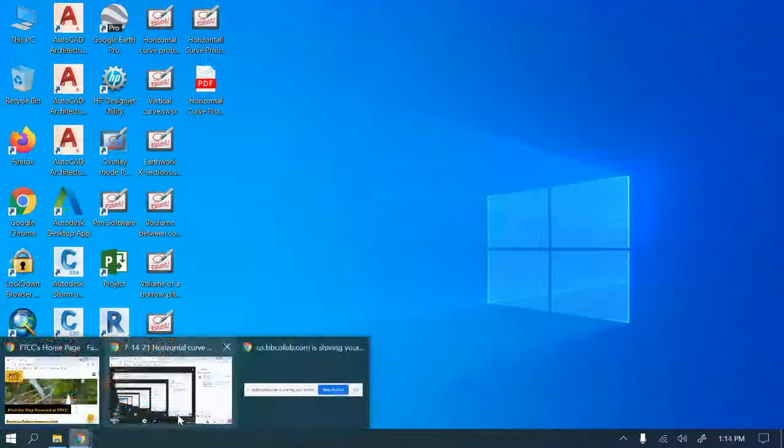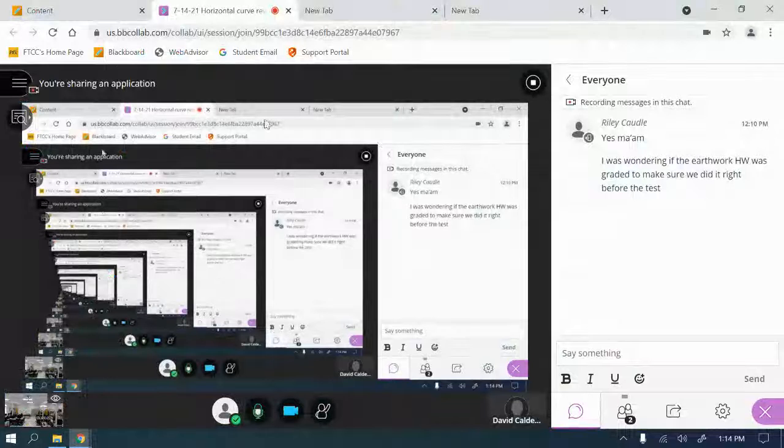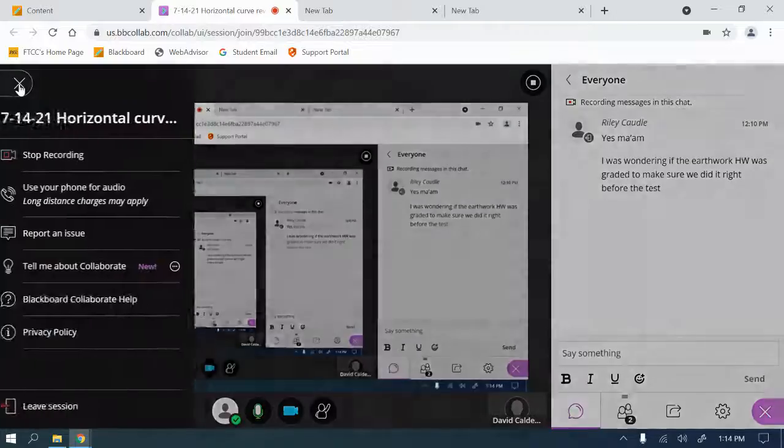All right, so that's it for horizontal curves. So what I'm going to do is I'm going to stop recording, take a break, and I'm going to log into the vertical curve one next.